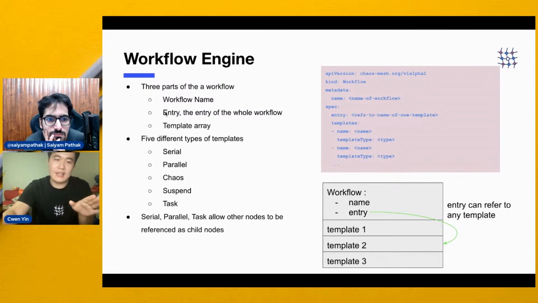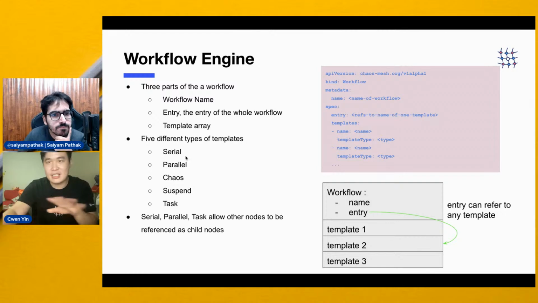The workflow name and the entry. The entry is the entry of the whole workflow, and also a set of templates. At present, the Chaos Mesh workflow supports 5 different types of templates. Here, serial, parallel, chaos, and suspend are the task templates.